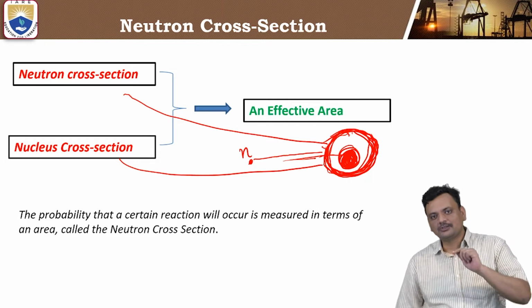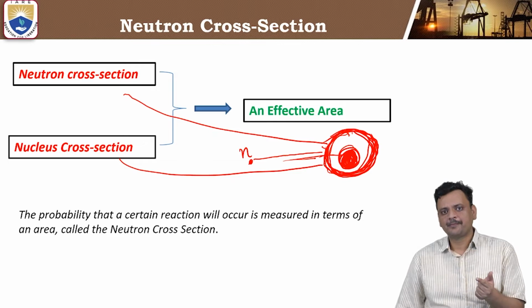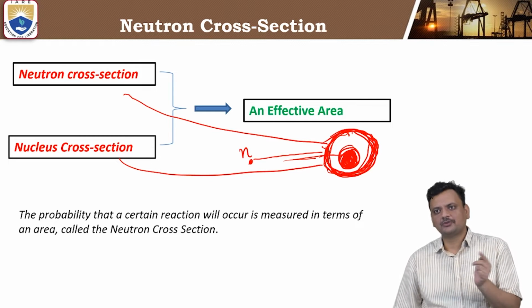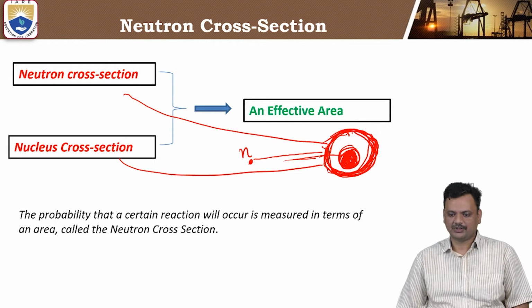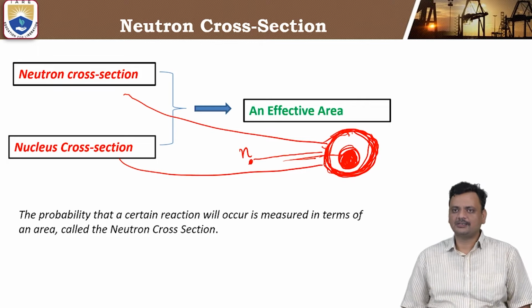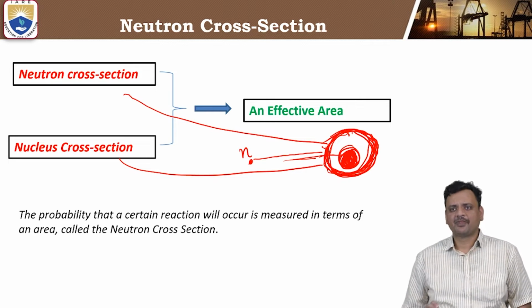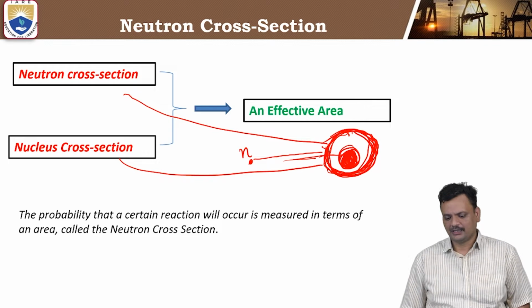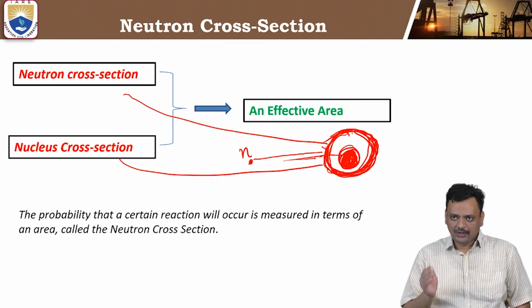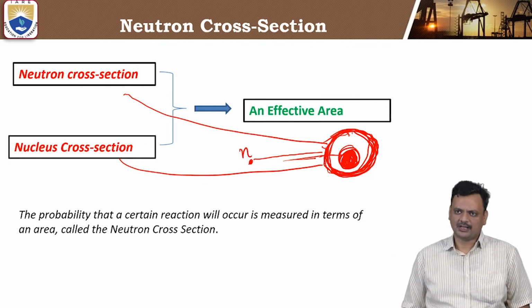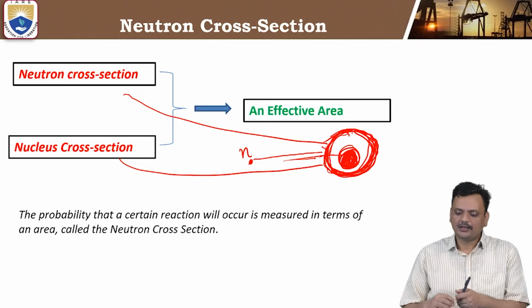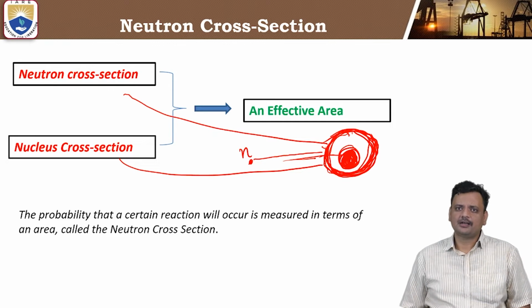Why for both? Because the nucleus also goes for reaction, and the neutron also goes for nuclear reaction in this region. So what is neutron cross section or nucleus cross section? It is nothing but an effective area where the nuclear reaction will take place. There are several forms of nuclear reaction; whatever the form, the region where it happens is called the neutron cross section or nuclear cross section.